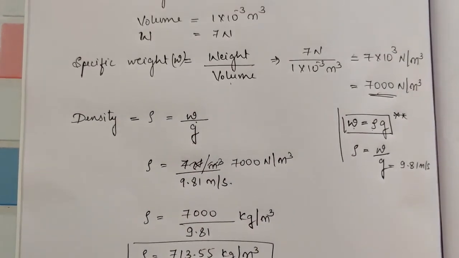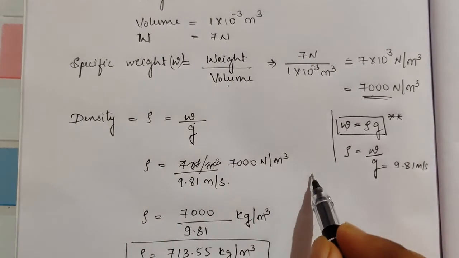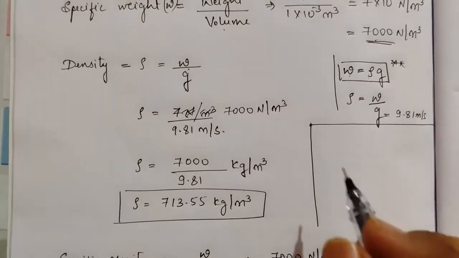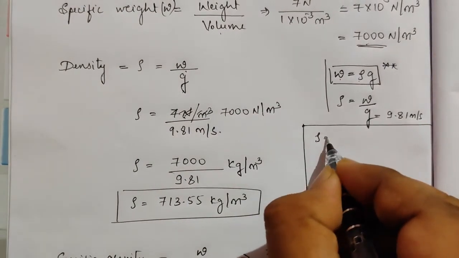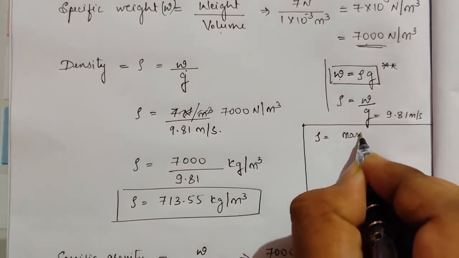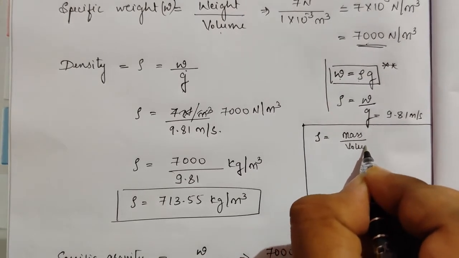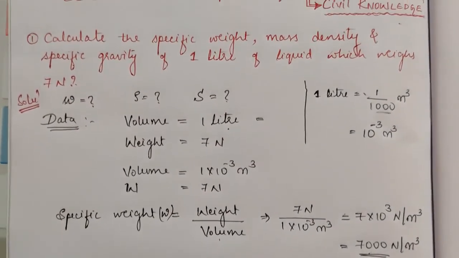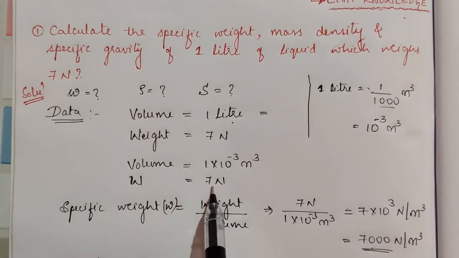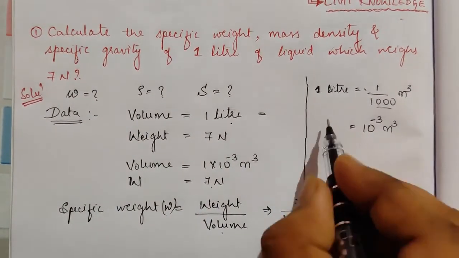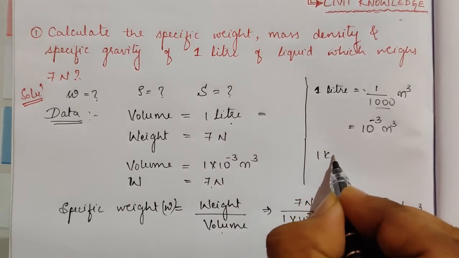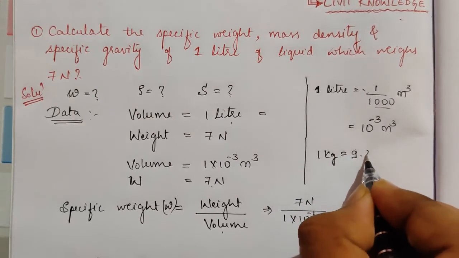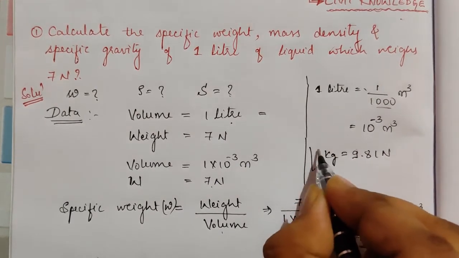Okay, now you can also find the density in another way. I'll show you here. According to the definition, density is equal to mass by volume, right? So do we have mass here? Mass is not given, it is given in terms of Newton. So remember here 1 kg is equal to 9.81 Newton.